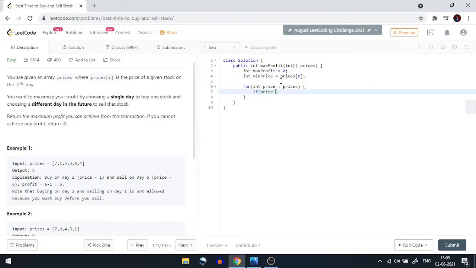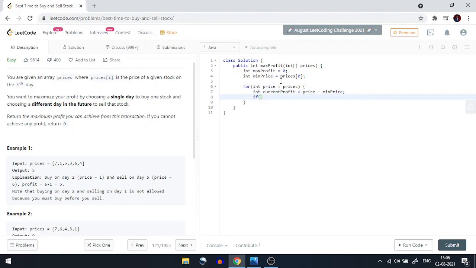Let's store the current profit in a variable. It will be handy for us. So int current profit is equal to price minus minimum price.